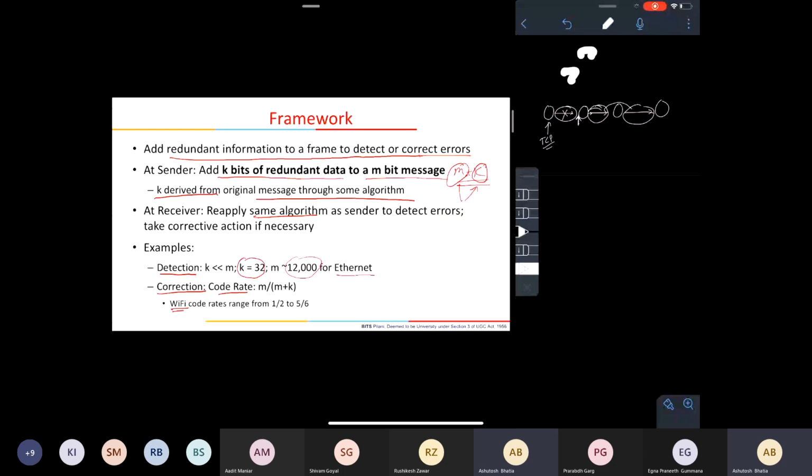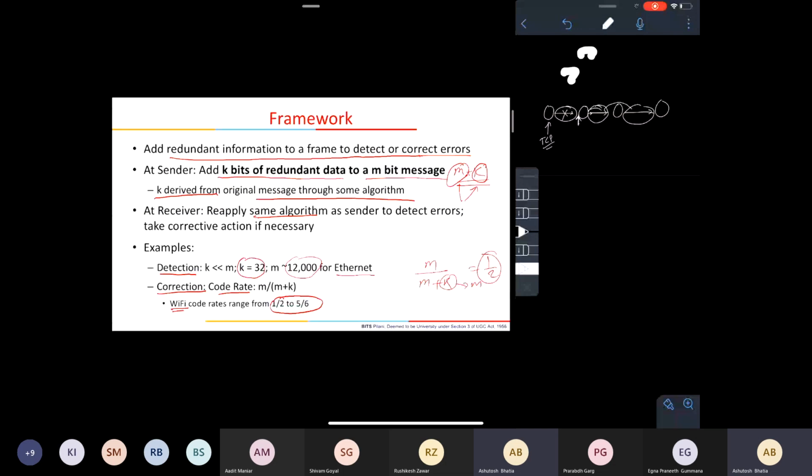There you use a terminology called code rate. The code rate is like the useful bits divided by the useful bits plus the remaining bits. Then the code rate will become 1/2, and you will be surprised that in Wi-Fi this code rate changes from 1/2 to 5/6 depending upon the interference situation.